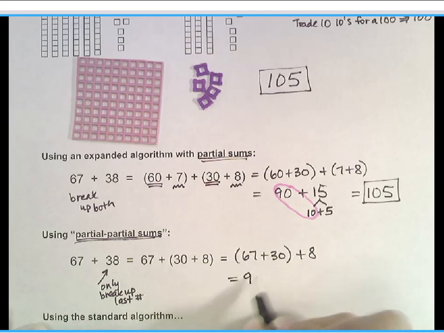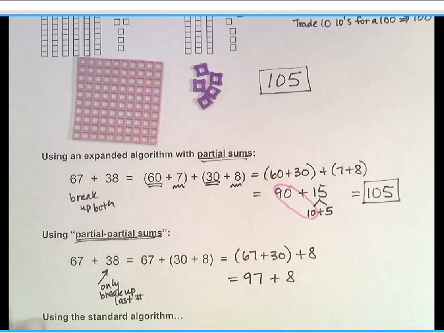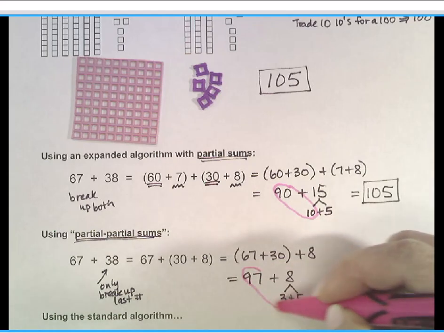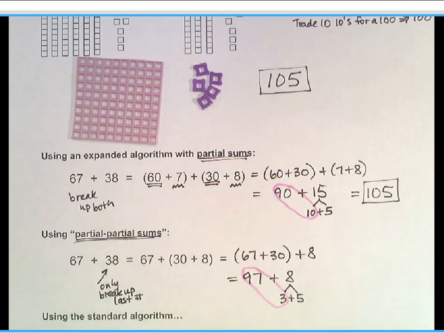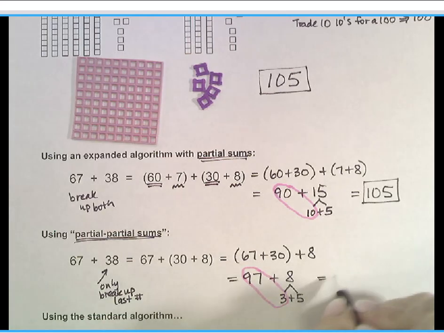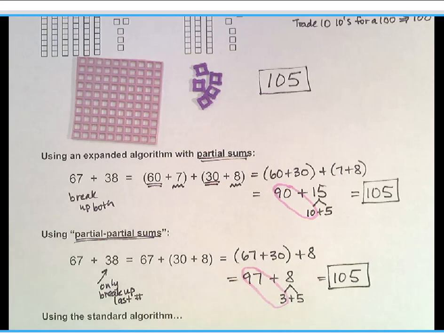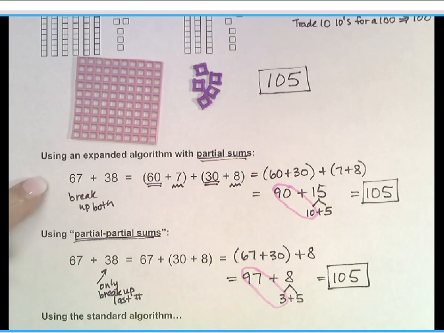That's going to be 97 plus 8. To make the counting go easier, 97 plus 3 would be 100, so I'm going to break up my 8 into 3 plus 5, and then 97 plus 3 is 100, and 5. Obviously, we're getting the same answer every time. So with the expanded algorithm, you break up both numbers; with partial sums, you only break up the last number.